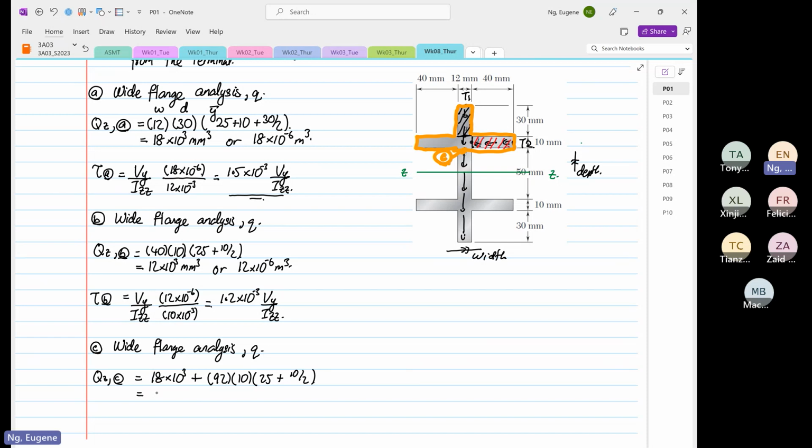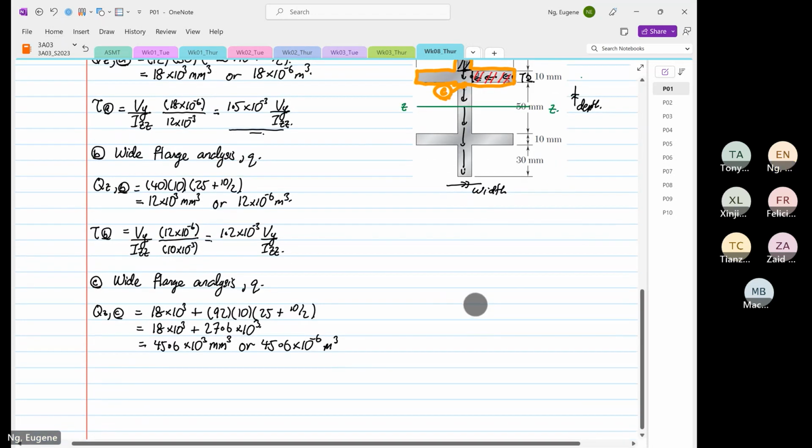Okay. So this is 18 times 10 to the power 3 plus, which is 27.6 times 10 to the power 3. So 18 power 3 plus 27.6 power 3 is equal to 45.6 times 10 to the power 3 millimeter cube, or 45.6 times 10 to the power minus 6 meter cube.